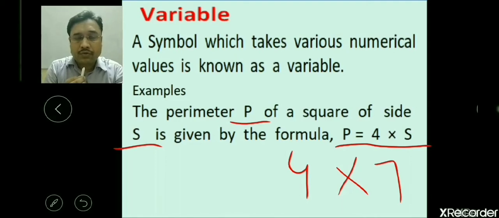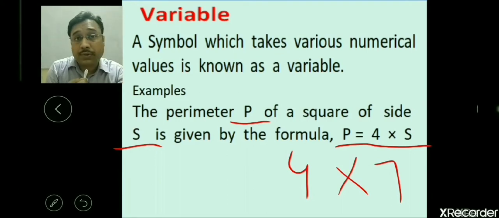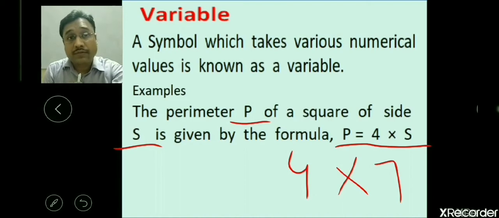When you are taking the side as 7 centimeter, it is only our assumption, what value we want to substitute inside that variable S. So if you assign S the value 7 centimeter, then 4 into 7, that is 28 centimeter, is the perimeter. So this is called variables.